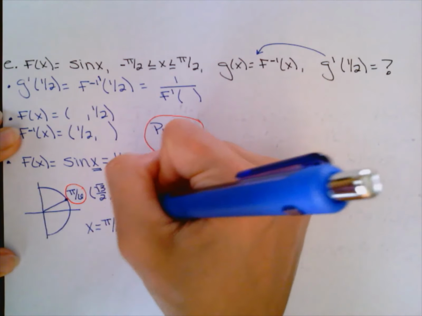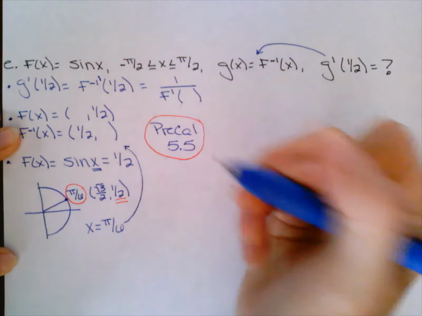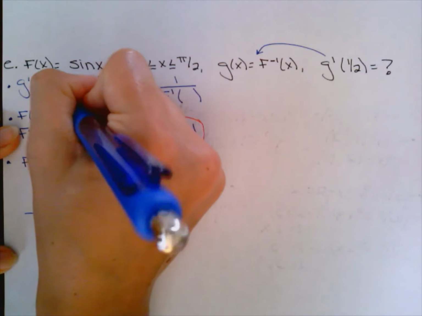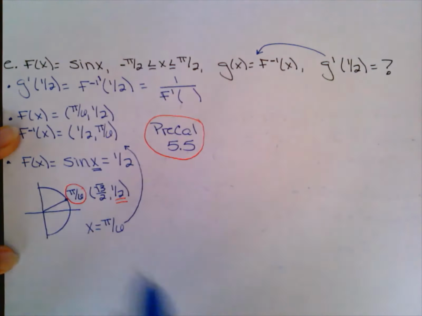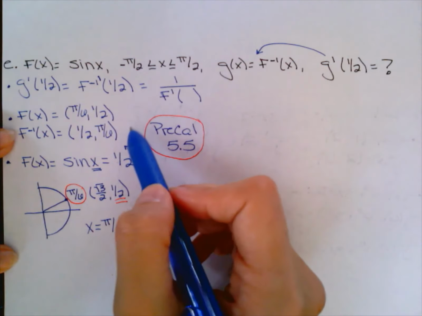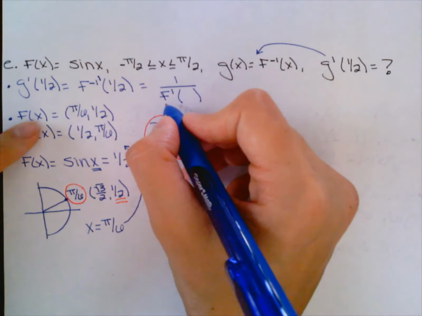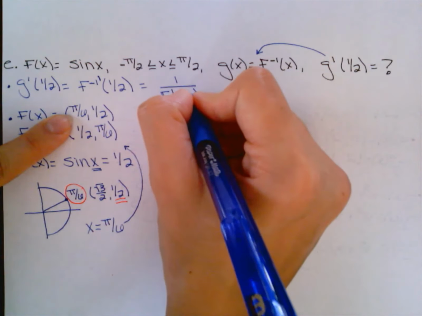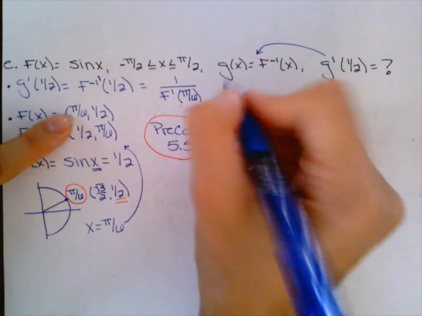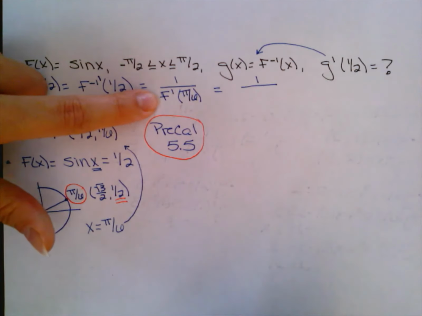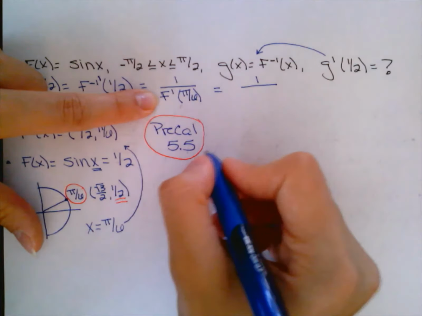And that can get plugged right back into here, to both of these spots. So back to my formula, that means that I'm looking for 1 over the original function's derivative at his x value, pi over 6. So my answer is going to be 1 over whatever the answer to this derivative at pi over 6 is. Let's take a moment.